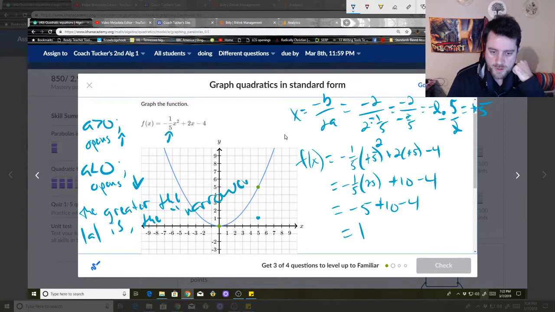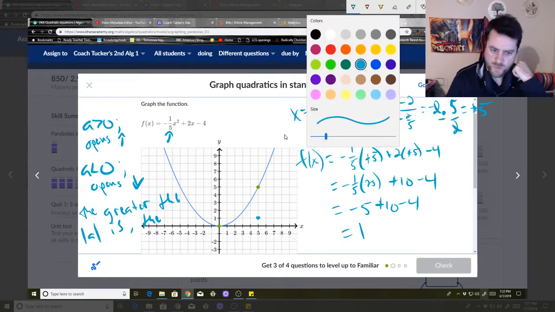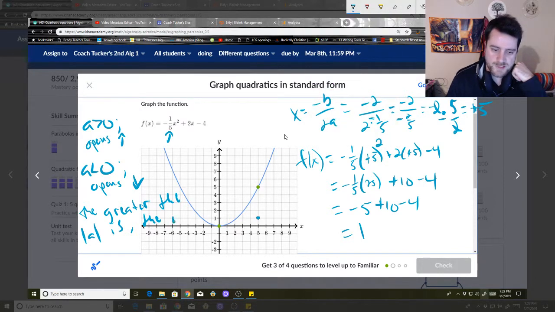Narrower, that's not a word. You guys know what I'm saying. The more narrow the parabola will be.